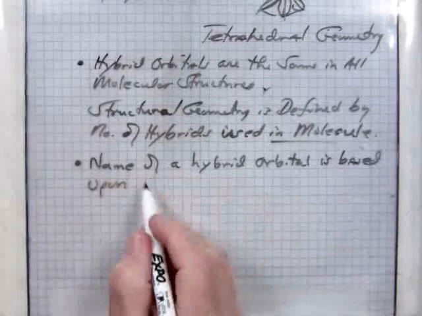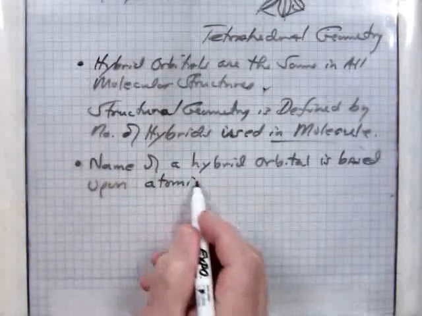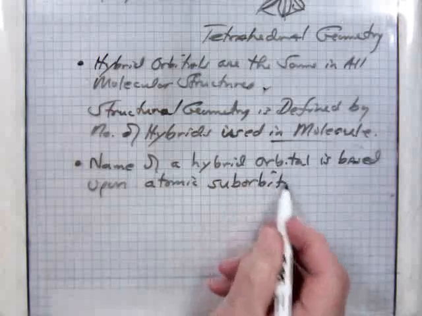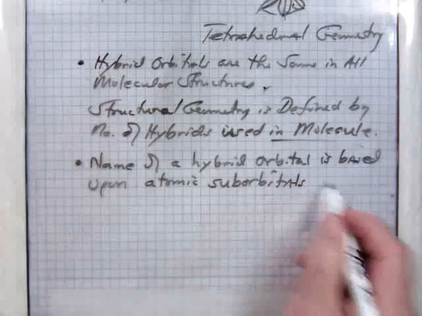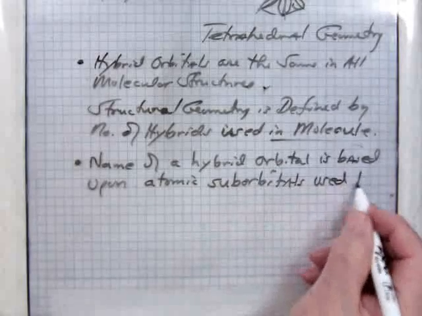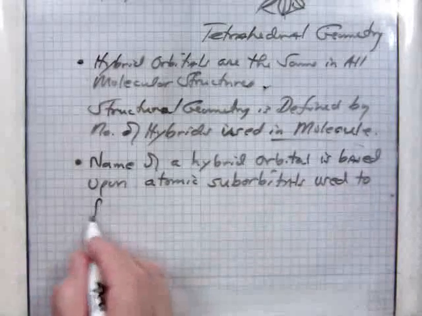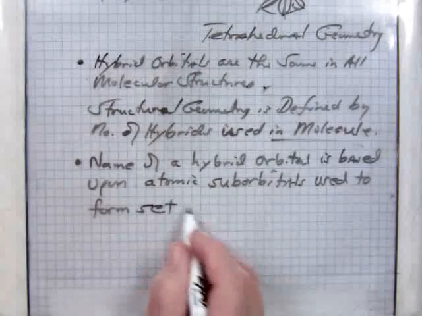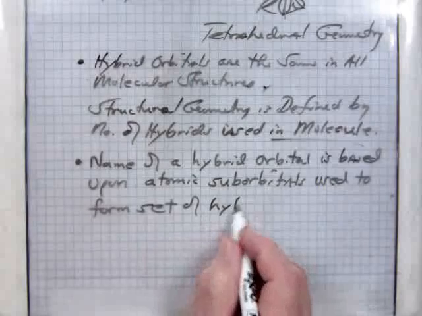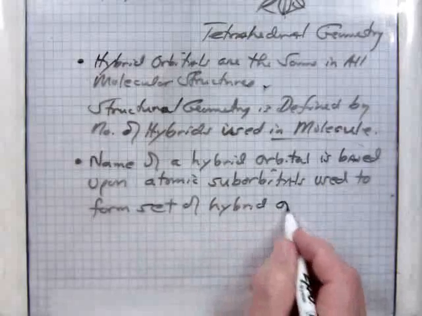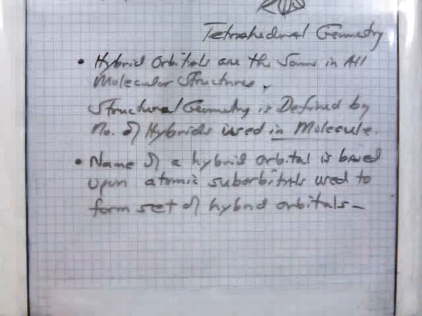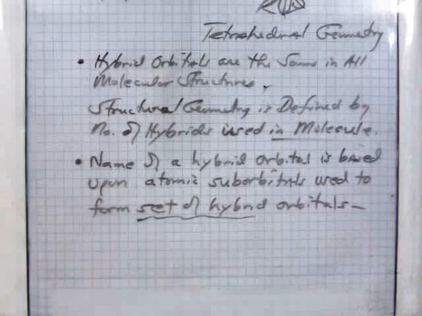Atomic suborbitals. Okay, we're talking about a set of hybrid orbitals that you define so many for a molecule.